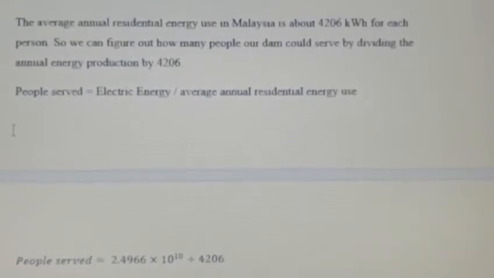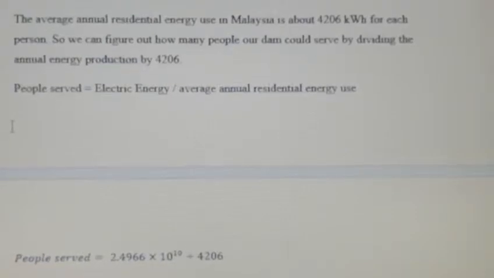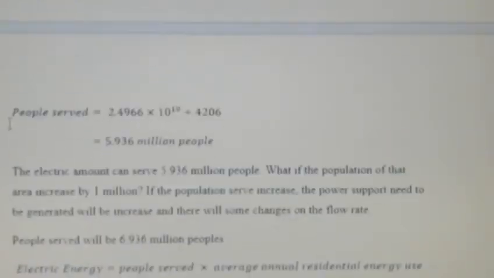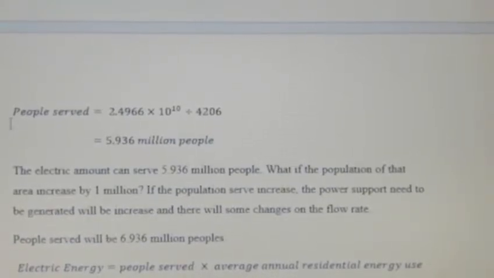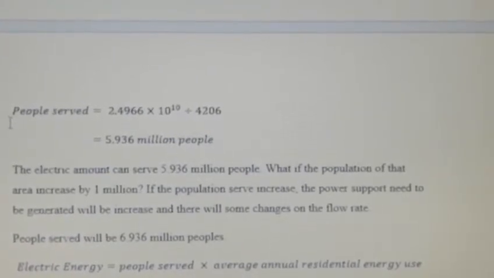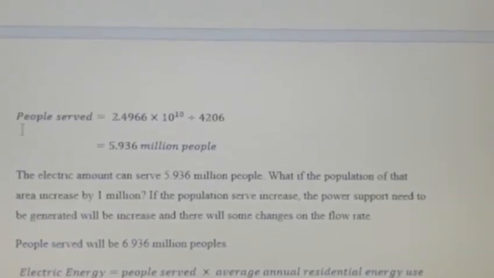So the people served is equal to the electric energy divided by the average annual residential energy use. That is 2.4966 times 10 to the power of 10 divided by 4,206, which is 5.936 million people.